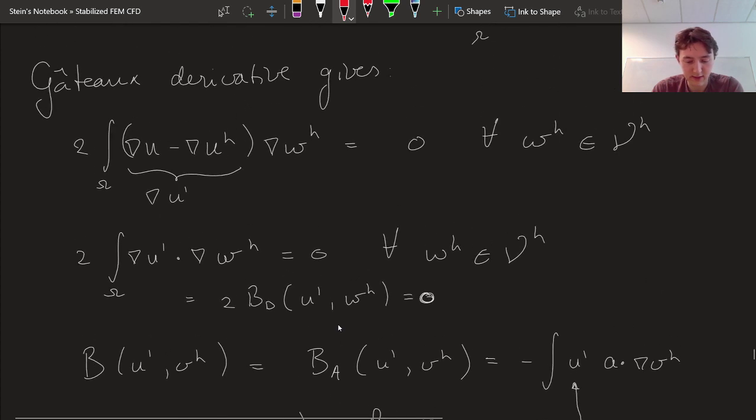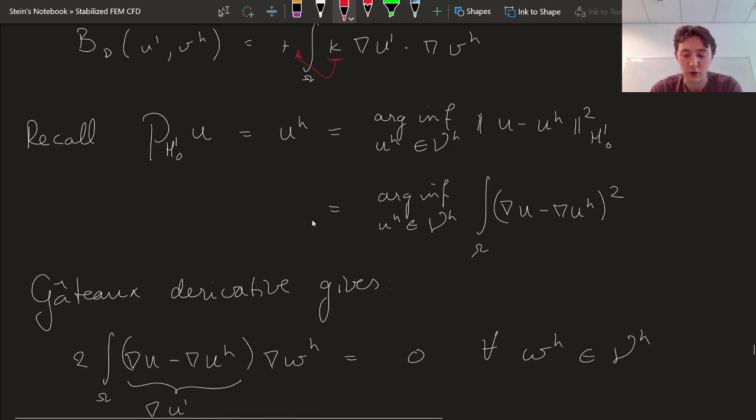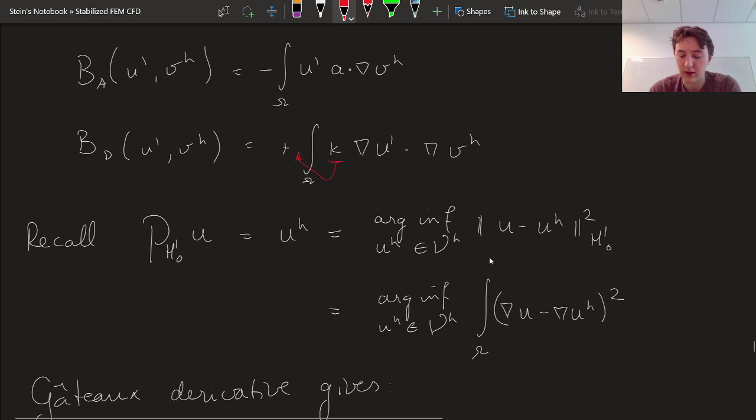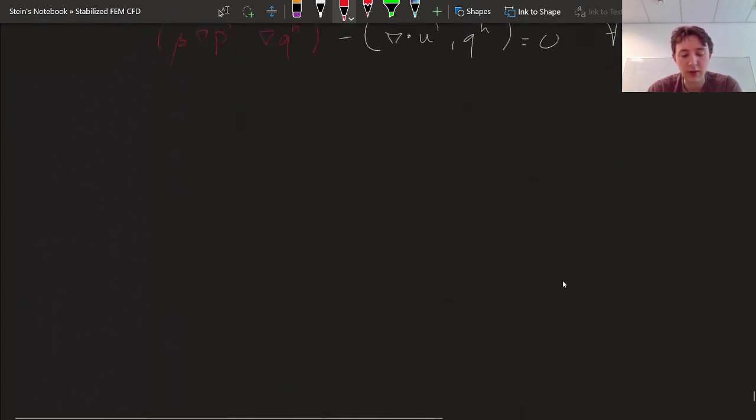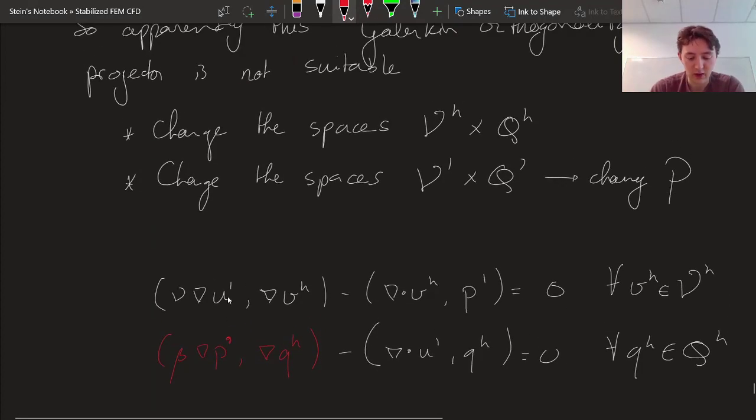Right here. So if we take the gradient of our scalar field and the gradient of our test function field, that corresponded to the projector of minimizing in the H10 error. So that's what we'll add as well for our pressure field.